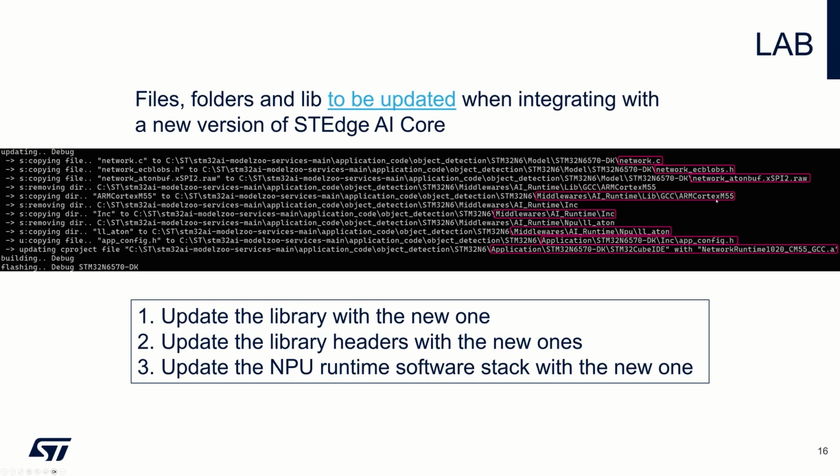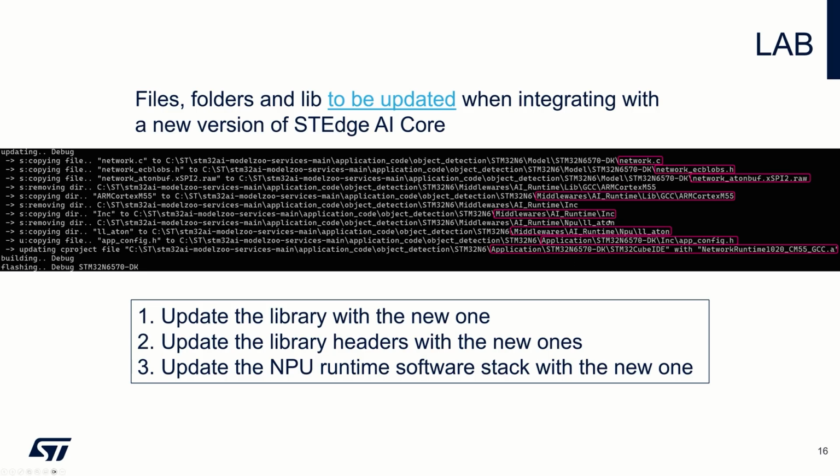Then the AI runtime library for the Cortex-M55, because we need to consider that not all the layers, not all the operators of the model can be executed by the neural processing unit. If not supported by hardware of the neural processing unit, then executed in software by the core.